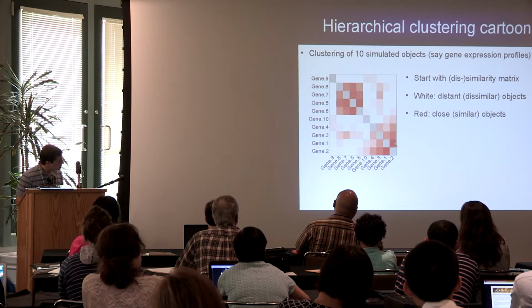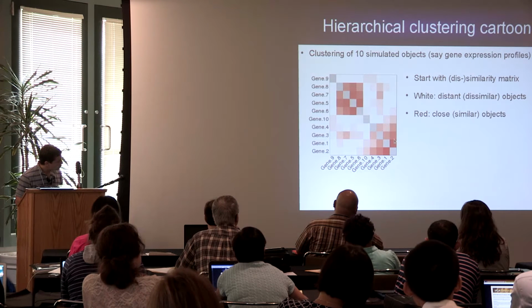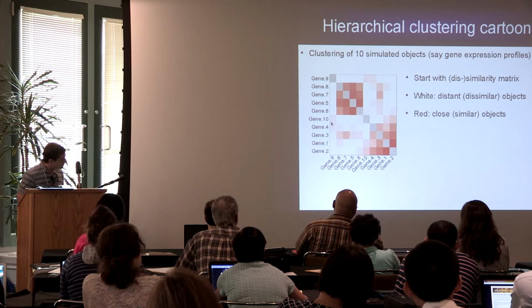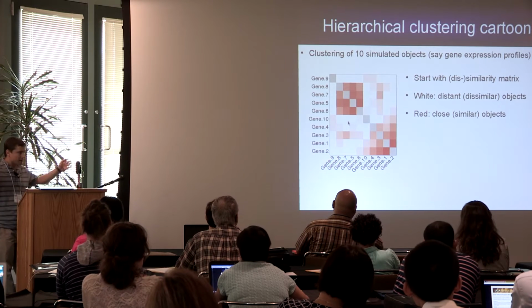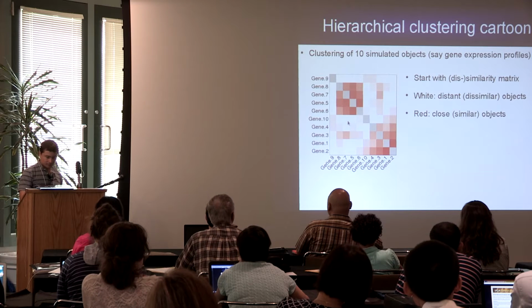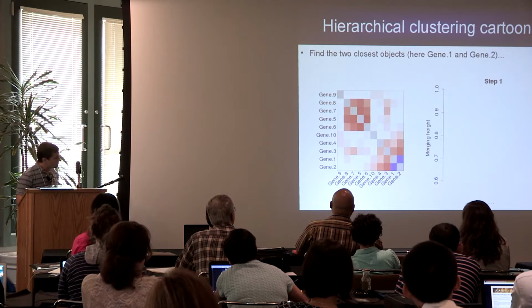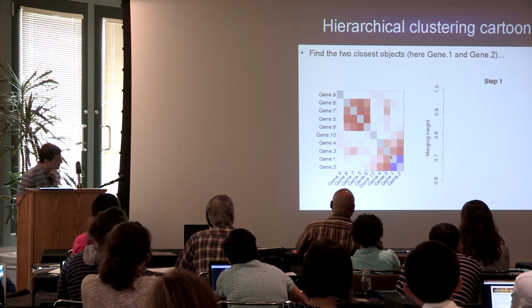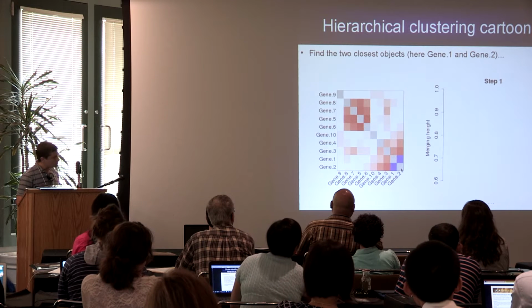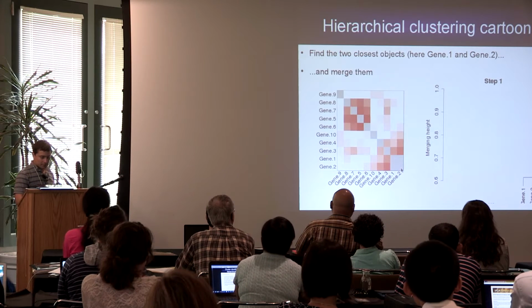The red entries are ones where the dissimilarity is low, the objects are close, and the white ones, like here, are such that the dissimilarity is high, so the objects are far apart. Okay? So in step 1, you find the 2 closest objects, and it just so happens that the darkest red color was here, and I colored it blue here, and you merge them.